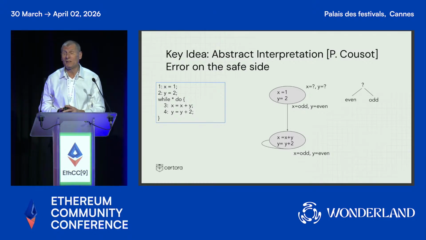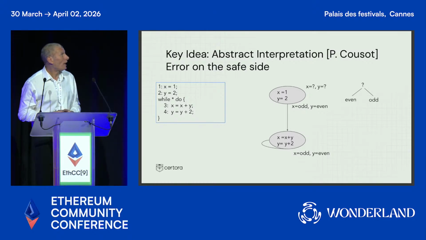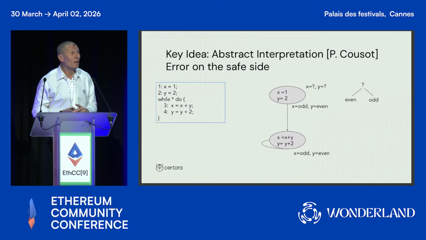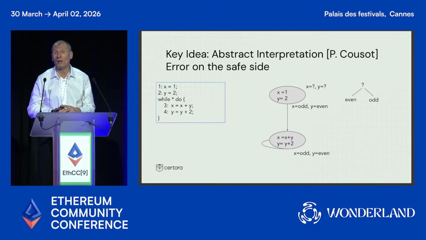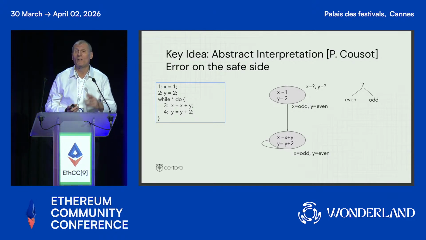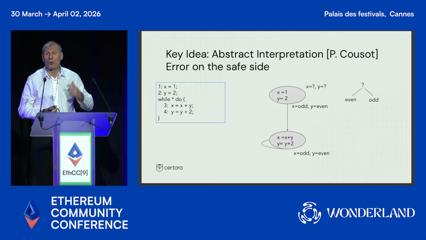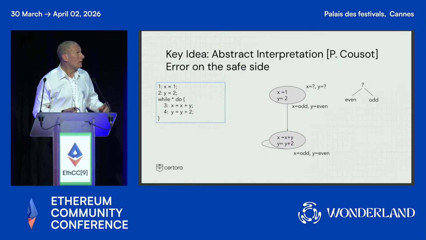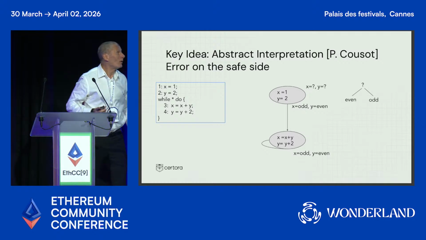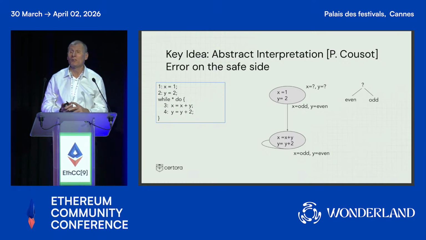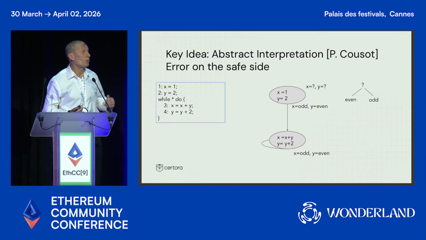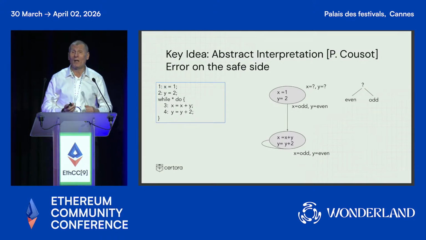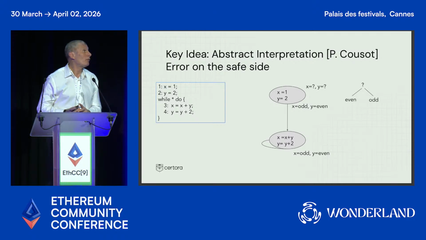Why is this the case? Because x started odd and y started even, and when we add an even to an odd, we get an odd, and when we add an even to an even, we get an even. So this is a very simple arithmetic. Here you see what is called a lattice. There is this question mark, which means that I don't know anything, and there is a value of even, and there is a value which is odd.